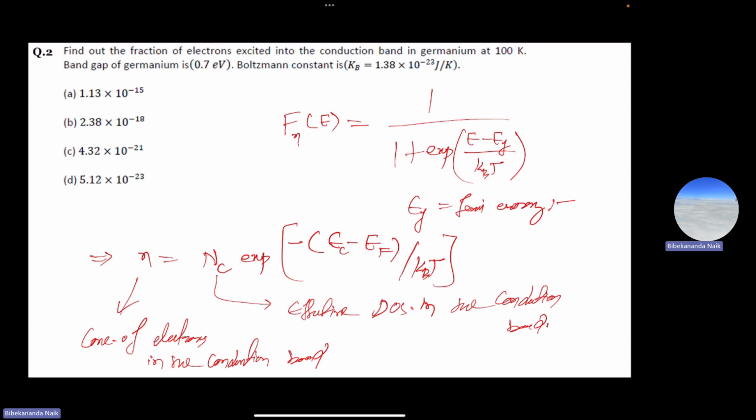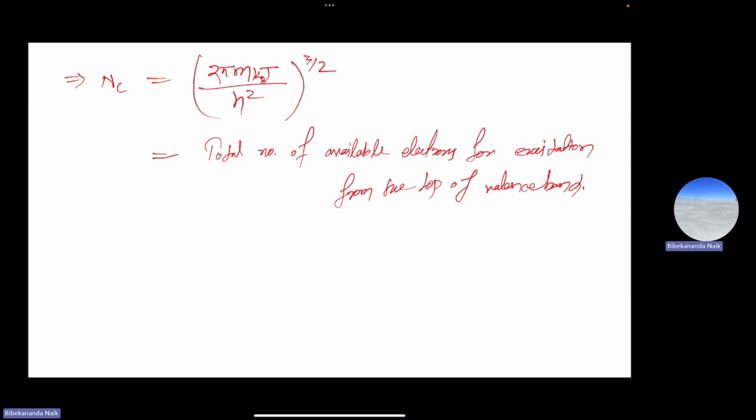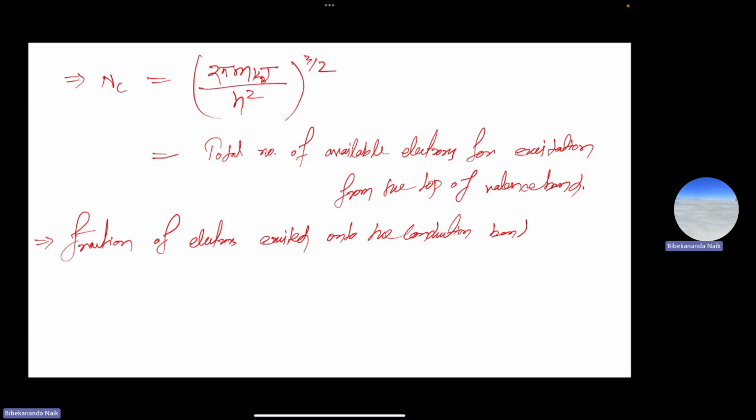In the question, it has asked us to find the fraction of electrons excited into the conduction band. So the fraction of electrons excited into the conduction band will be small n by NC.